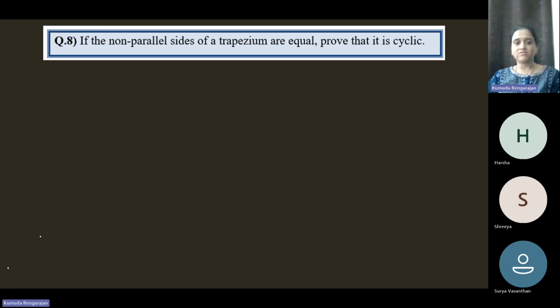If the non-parallel sides of a trapezium are equal, okay. So what do you call a trapezium in which the non-parallel sides are equal? Isosceles trapezium. An isosceles trapezium is one in which the non-parallel sides are equal.